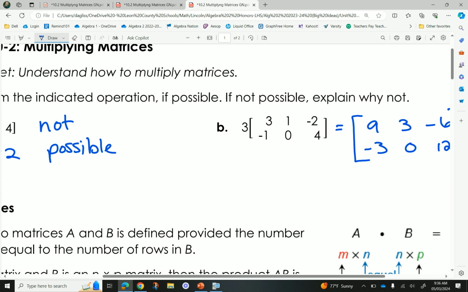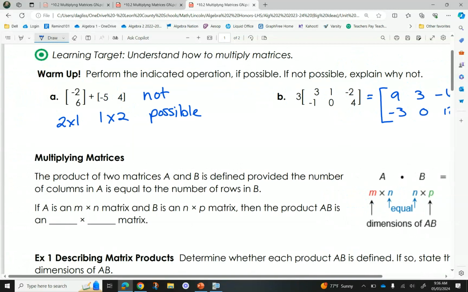Matrix multiplication: the product of two matrices A and B is defined provided the number of columns in A is equal to the number of rows in B. So if A is an M by N matrix and B is an N by P matrix, see how these are the same thing? Then our product matrix is going to have dimensions M times P.